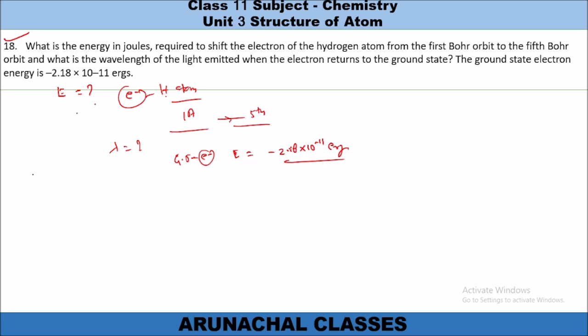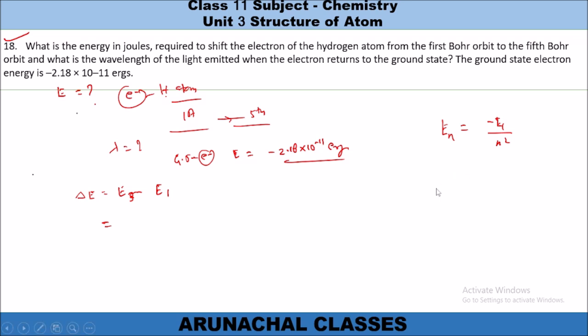Let us solve this one. We have the change in energy, delta E, equal to E5 minus E1. The energy equation is known: E base n equal to minus E1 divided by n square.